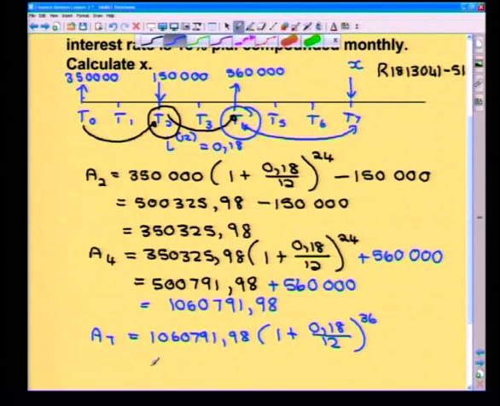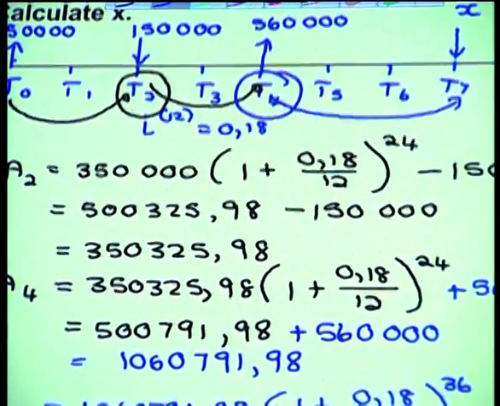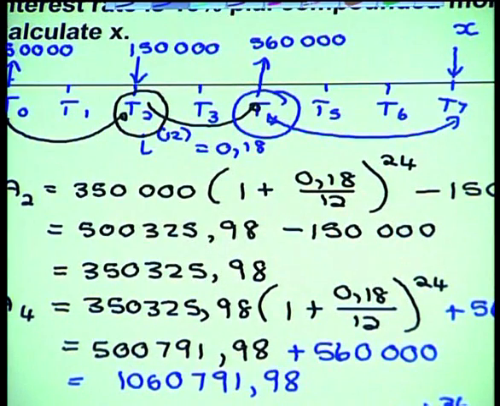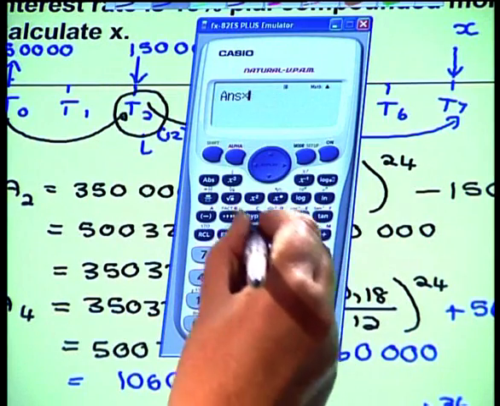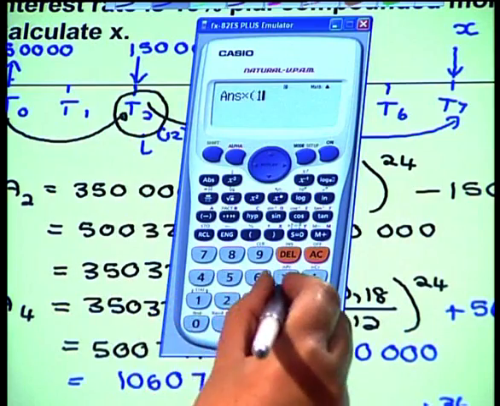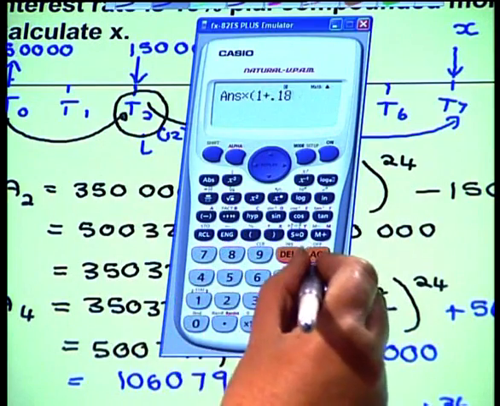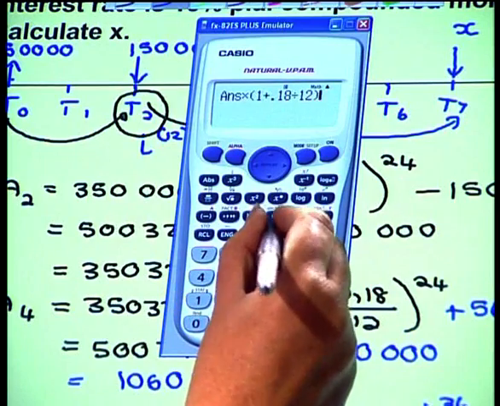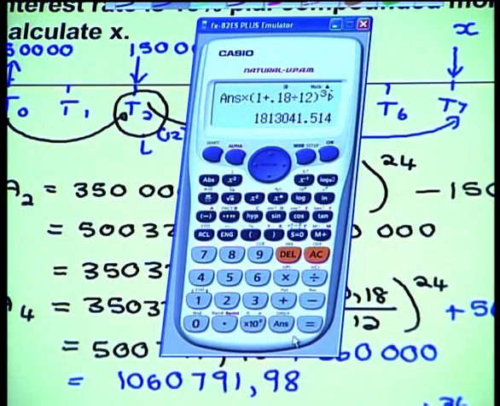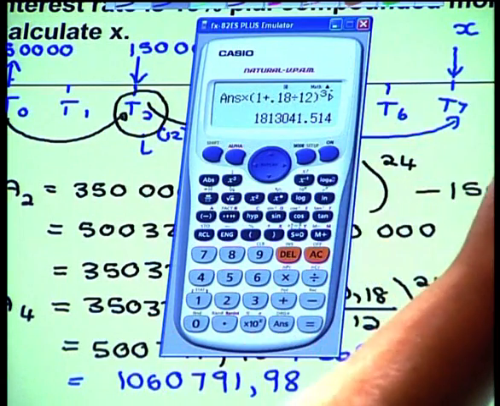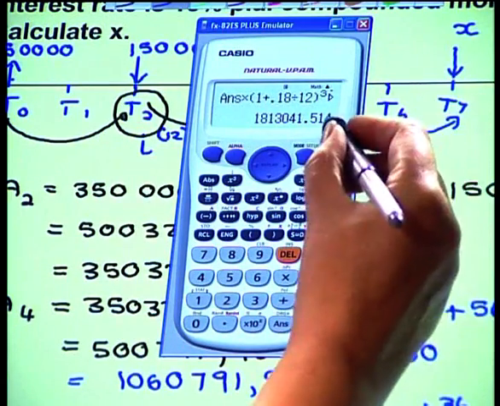Unfortunately for me, I've still got that information in the calculator. Let's go to the calculator. There it is. And so I have to times that by, open the brackets, 1 plus 0.18, divide by 12, close the brackets, raised to the power 36. That's going to give me that amount, which as you can see is absolutely identical to that.